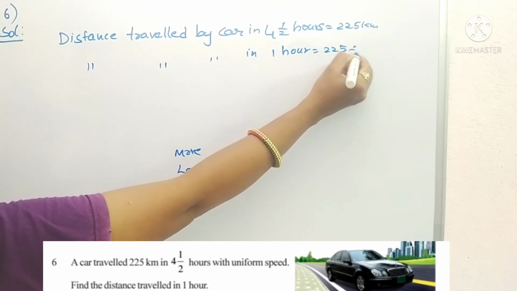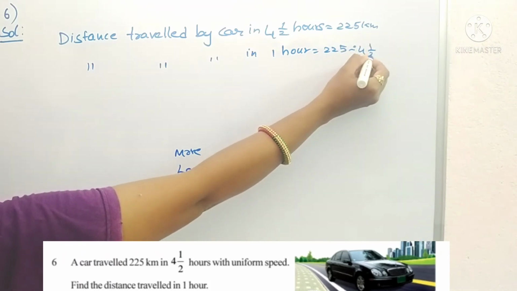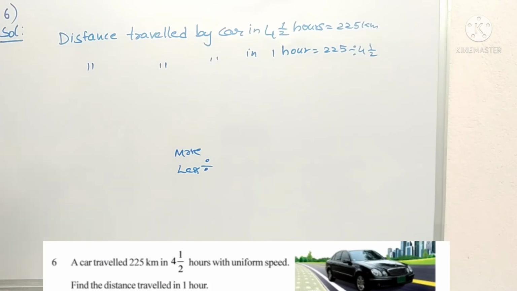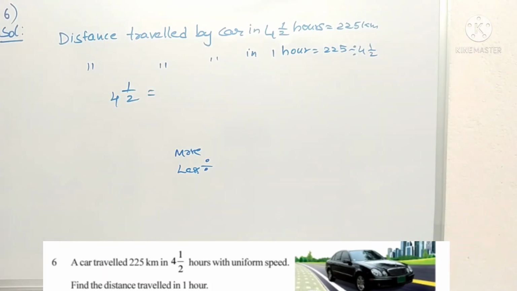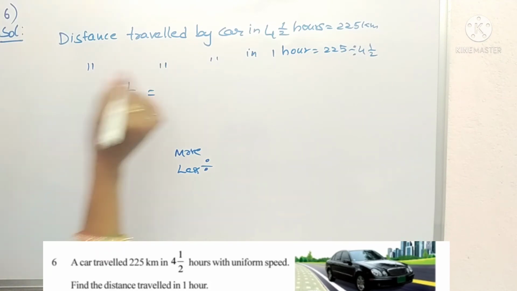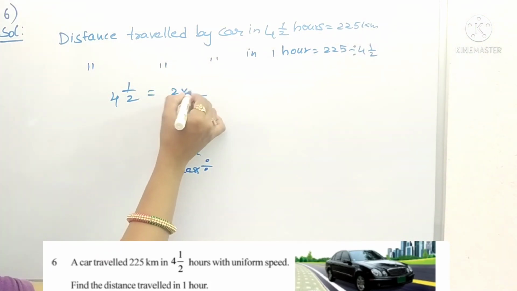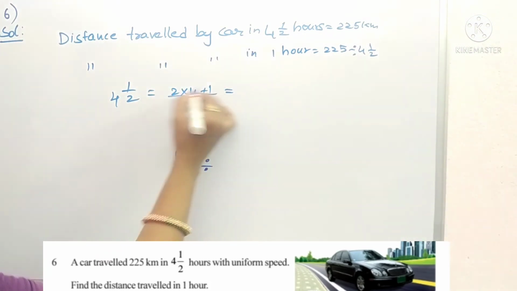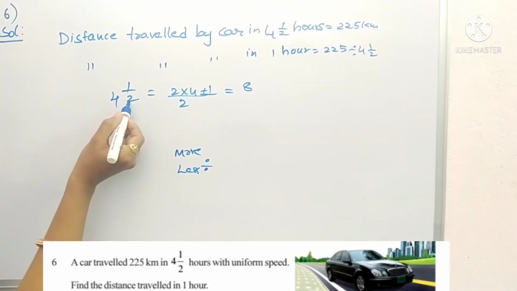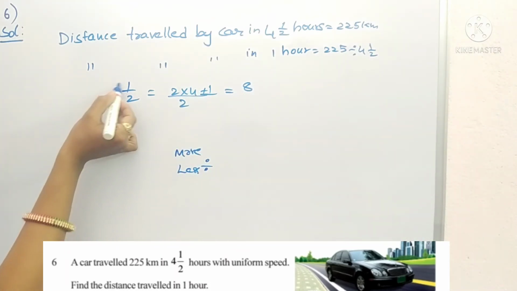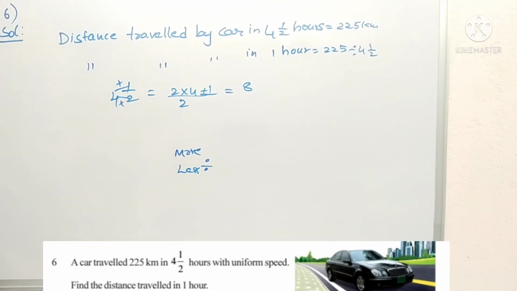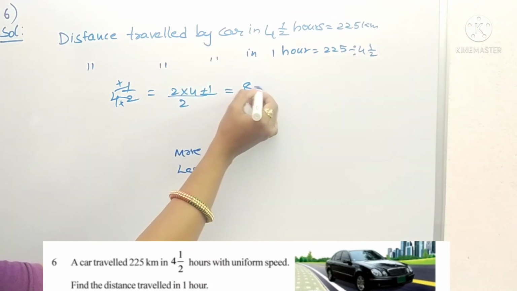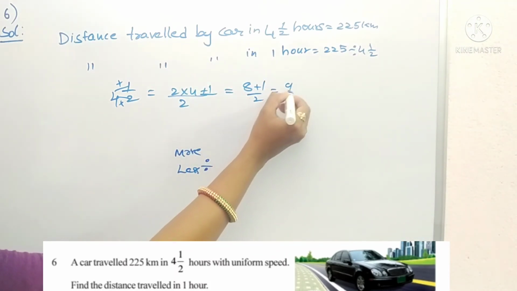Division now. Divided by 4.5. Okay. So first this 4.5 must be converted into a fraction. So 2 into 4 plus 1. 2 4s are 8. So it starts from bottom to up. Here into and plus, you should keep this in your brain. Okay. 2 4s are 8 and 8 plus 1 by 2. This is 9 by 2.